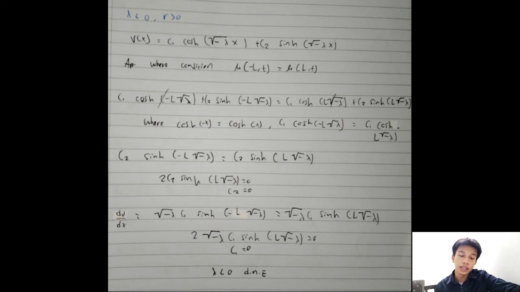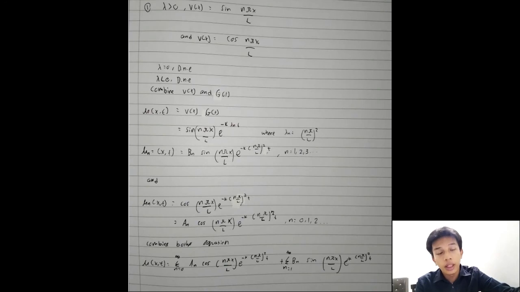To solve this equation, notice that cos(-x) = cos x, which gives c1 cos(-L√(-λ)) = c1 cos(L√(-λ)). We then deduce that c2 = 0 and c1 = 0, which gives the conclusion that when λ < 0, the solution does not exist.